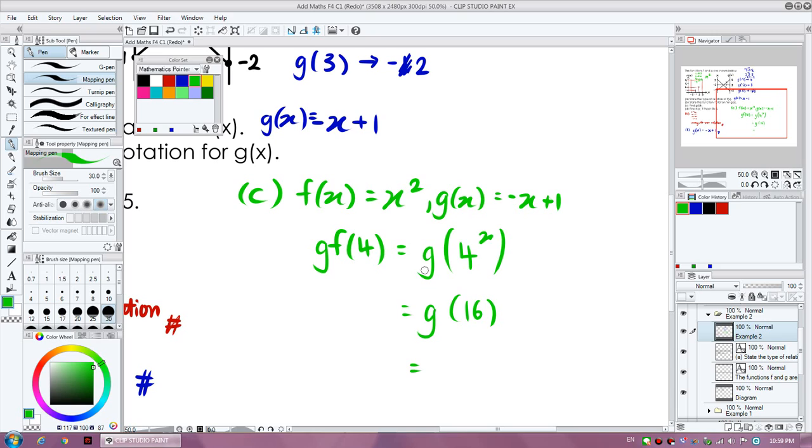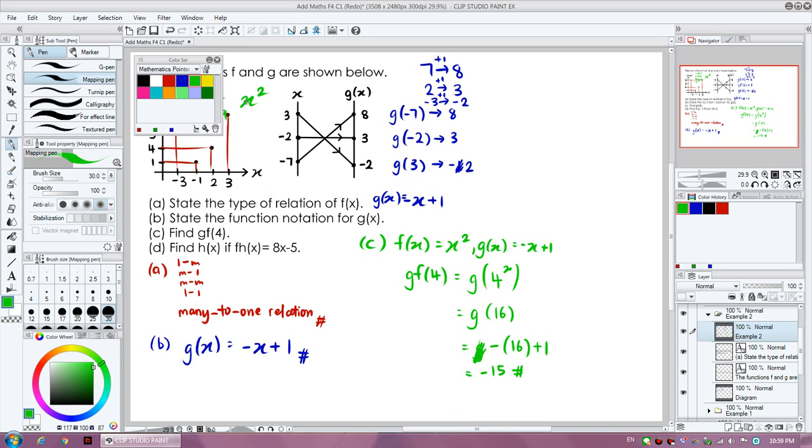With the object being 16, I just need to sub it in. Equals negative 16, because x is changing to 16, plus 1, which is negative 15. And that's gf(4).